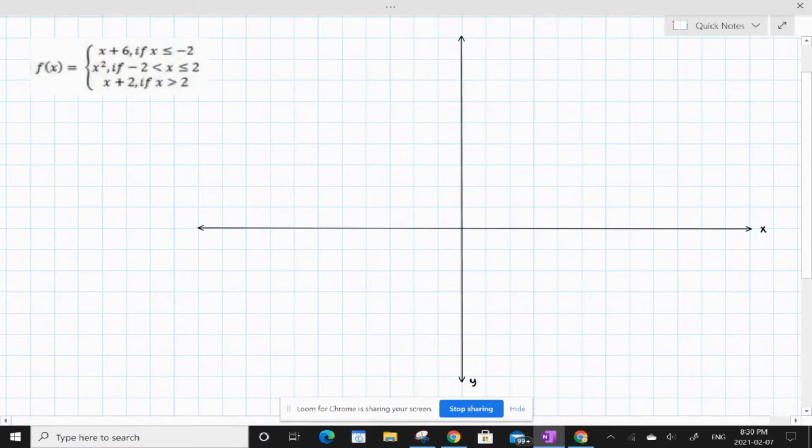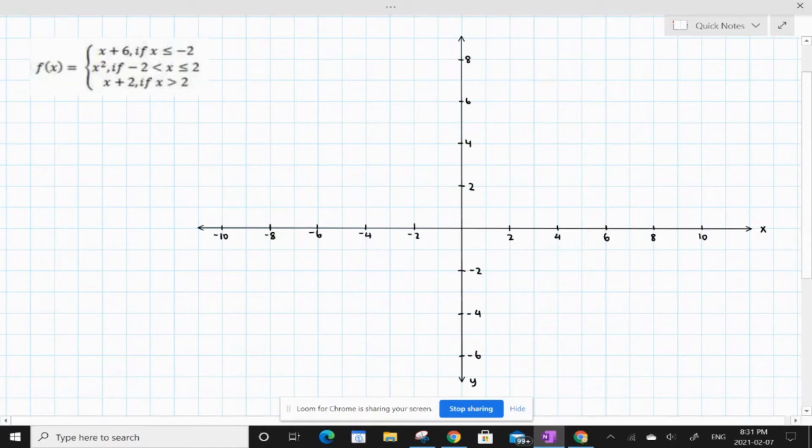In this case, I'm looking at going up in a decent scale, so I'm going to go by 2, 4, 6, and then 8, 10, and the same thing in the negative direction: -2, -4, -6, -8, and then -10. So I've got my x and y axes all scaled and ready to go.